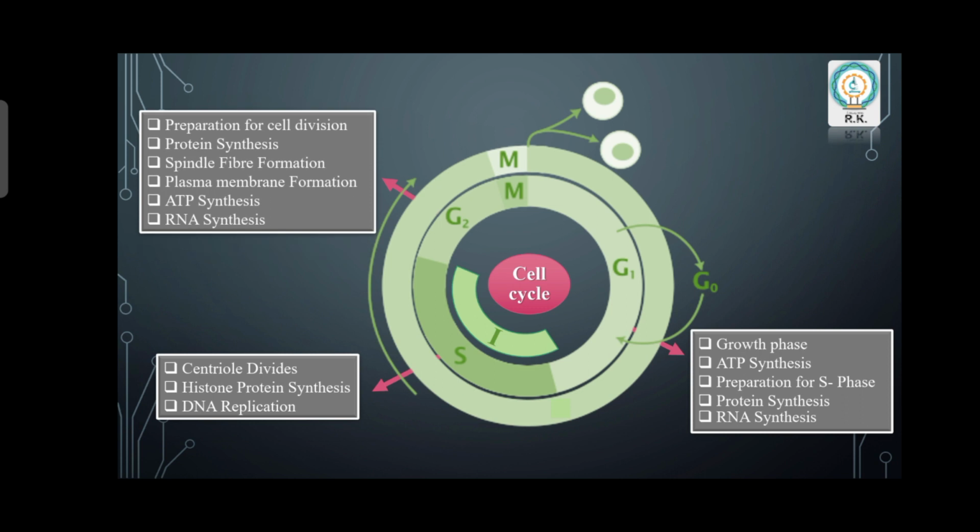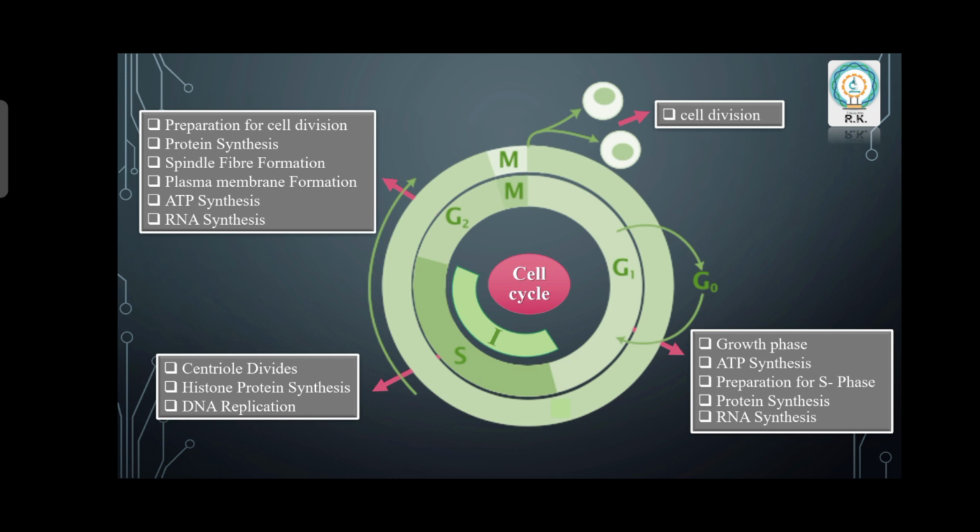In G2 phase, there is preparation for cell division, protein synthesis, spindle fiber formation, plasma membrane formation, ATP synthesis and RNA synthesis. Ultimately, the mitotic phase is where cell division will occur.